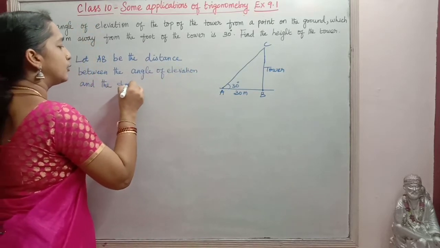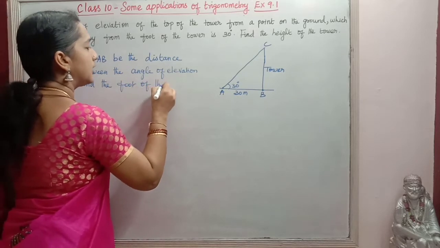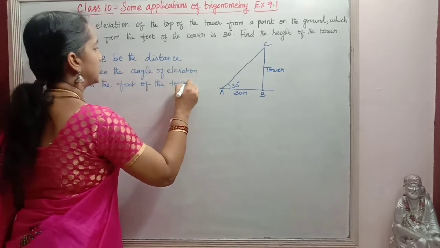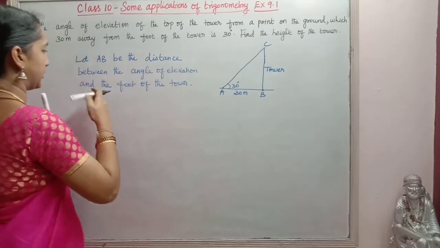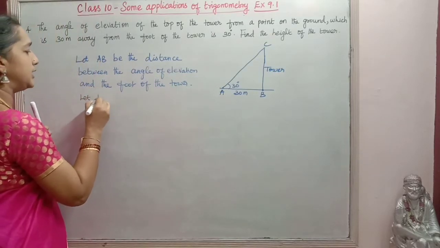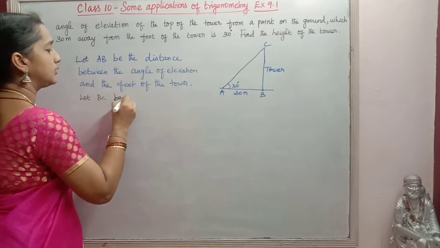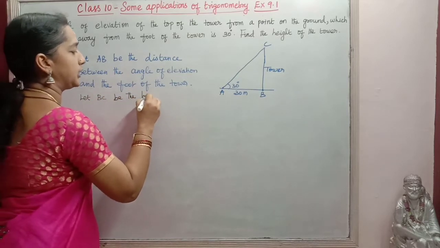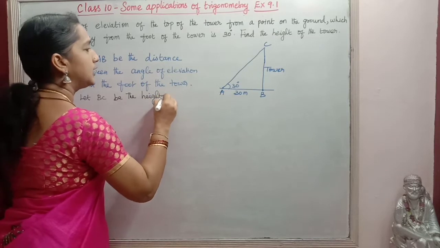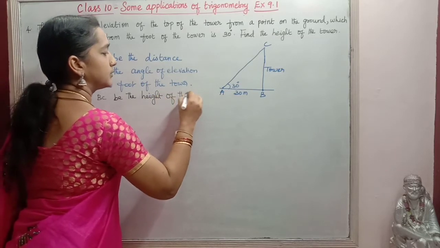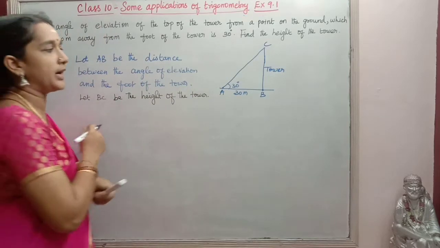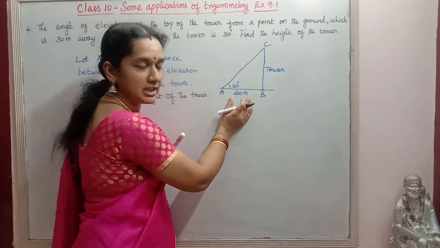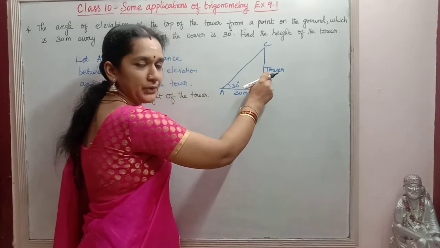Then let BC be the height of the tower. Okay. So now this measurement is given, and we are asked to find this measurement.